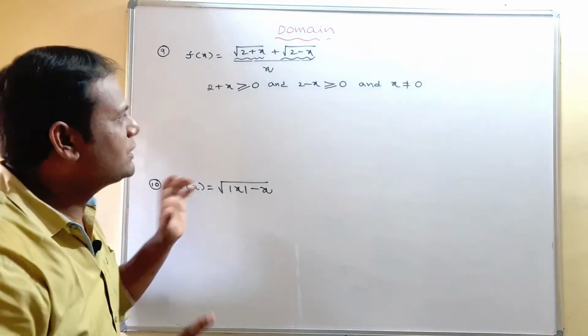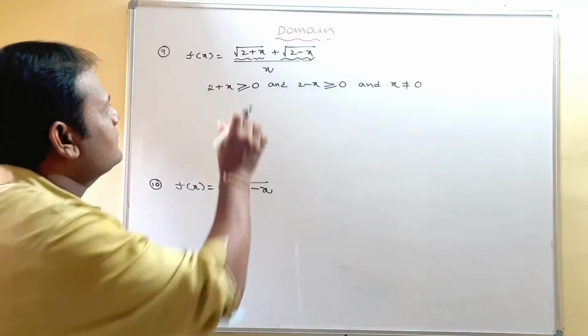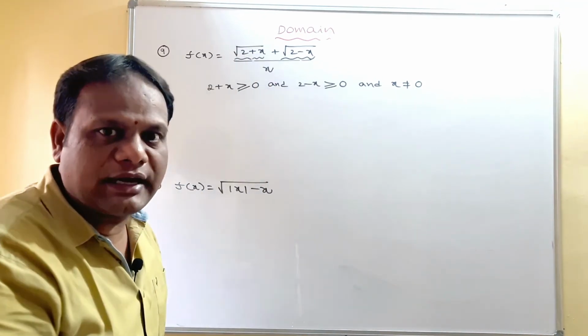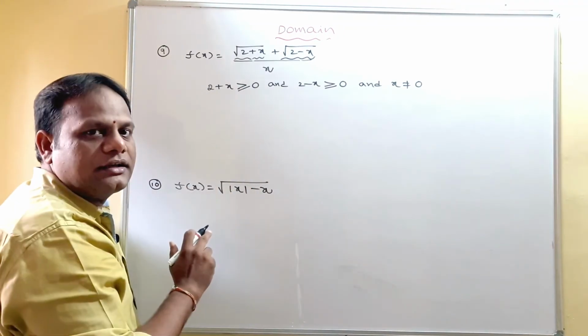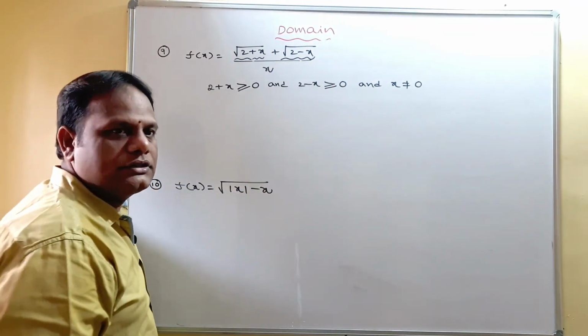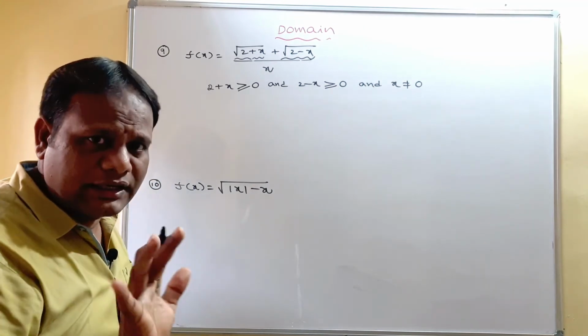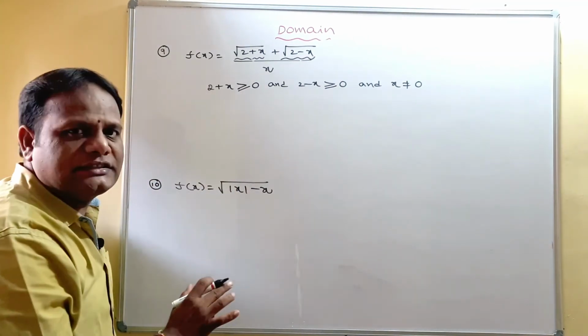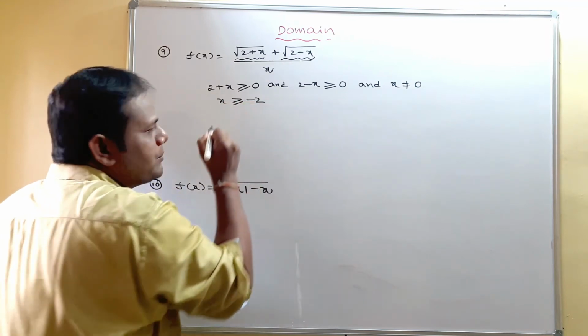I think you understand. Here it is a root function, so it is defined when the value in the root is greater than or equal to 0. So 2 plus x greater than or equal to 0, and 2 minus x greater than or equal to 0, and x not equal to 0. Clear? Right. Now we do the simplification. Here you see, x greater than or equal to minus 2.